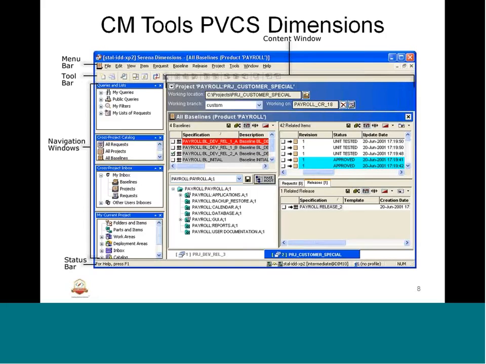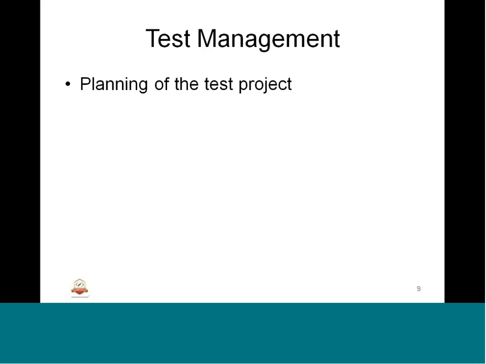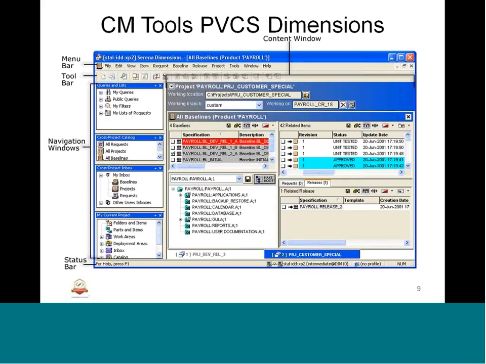That activity can be taken care of with the help of PVCS Dimensions too. You can see this has a menu of various options, and this is an example of a payroll project. And this is a toolbar with icons, you can use it. On the left hand side of this tool, you can see the folder structure where the CIs or the configurable items are available. And we have the status of whatever items we have clicked or used in the status bar.